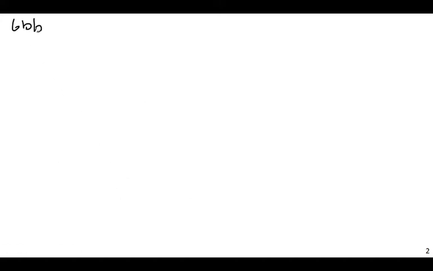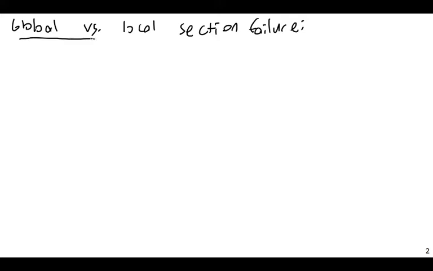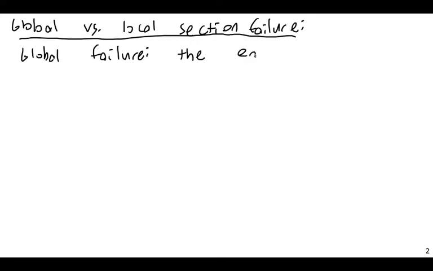So we've learned previously that we can have both global and local failure. Global versus local section failure. In global failure, the entire section is failing all at once. So you're loading up to a certain point where one of the section properties as a whole reaches the limit.